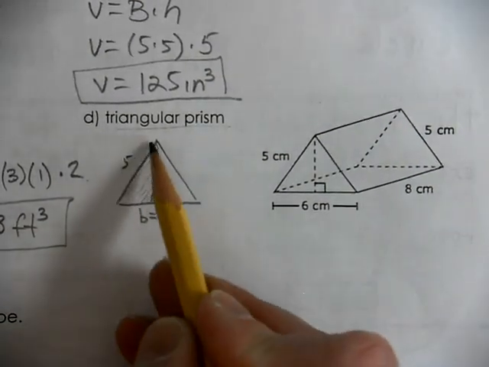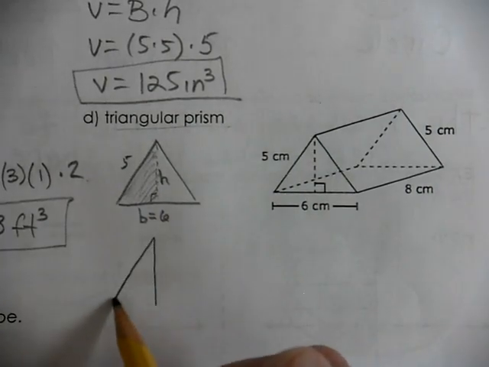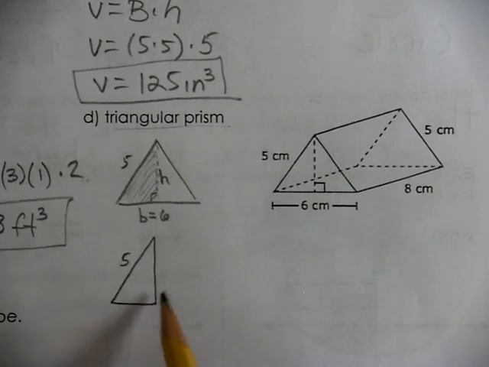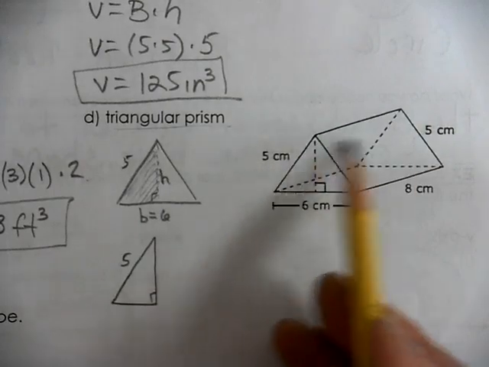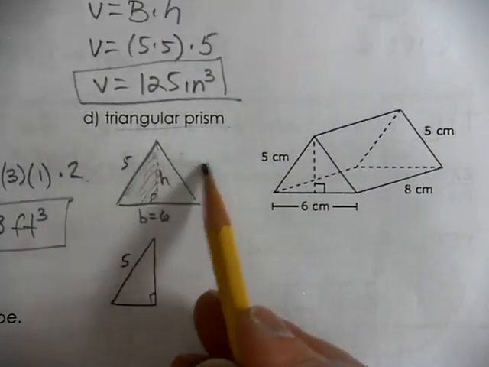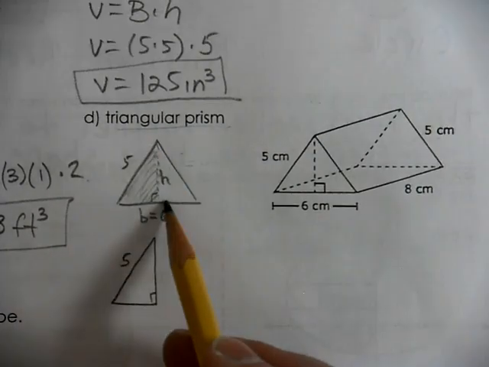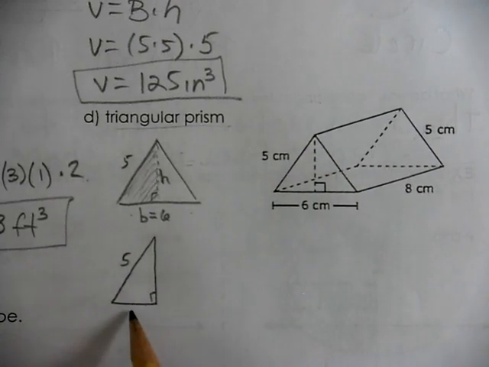So we're working with this right triangle. So what we know is that it's 5 on both sides. So this is an isosceles triangle dropped on our altitude, which is going to cut the 6 exactly in half. So this is a length of 3.